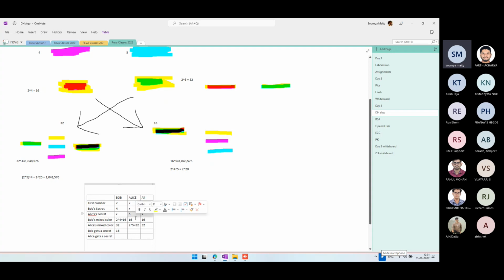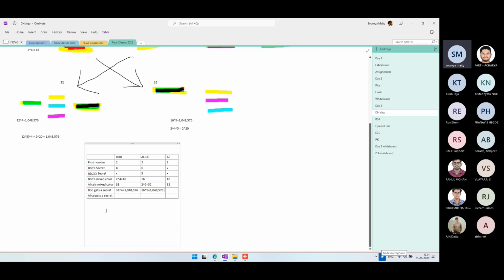So he knows this one, not this one. This is Alice's mixed color and this is Bob's secret. And what he will do, Alice's mixed color 32 power 4. And Alice will find 16 power 5. It's the same number. That is what we saw last time.